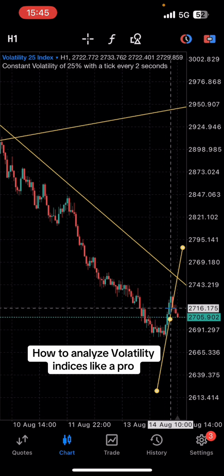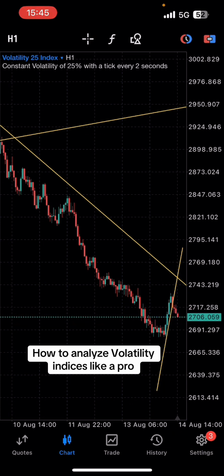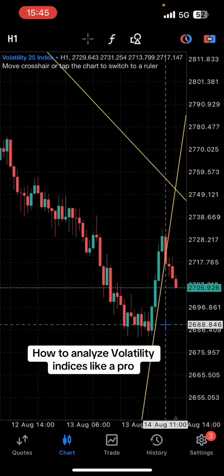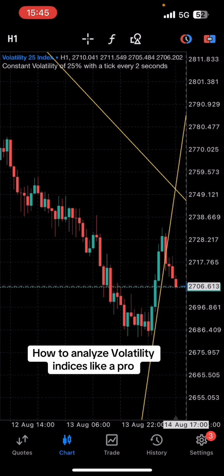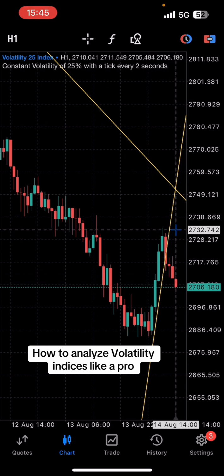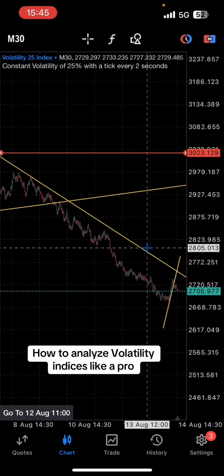You want the market to break out. Right now, if at all we have to sell, we need to only think about selling this market as it has broken this short trend line, and we need to allow it to come back and retest. So you can go back to 30 minutes or 15 minutes to look for that retest to happen.